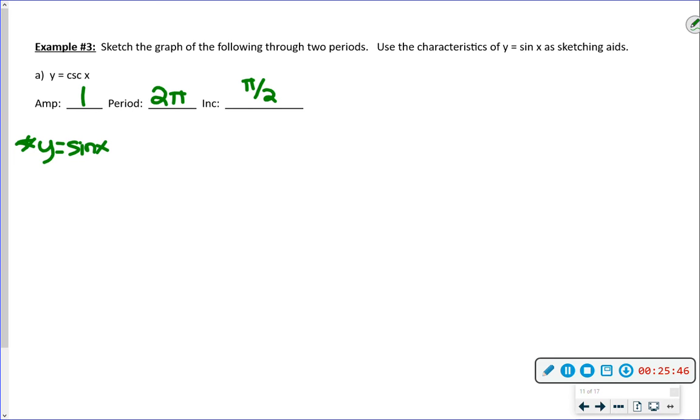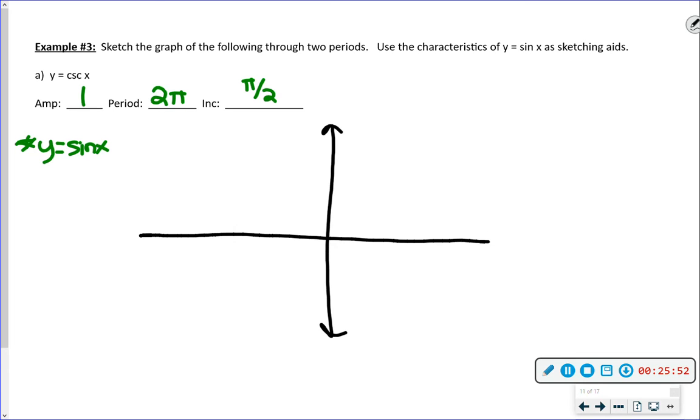Let's do it. So I'm going to start by drawing the hill and valley for sine. So of course, amplitude 1. 4 increments for 1 full period. And we're scaling by half pi. Half plus a half, plus a half, plus a half.